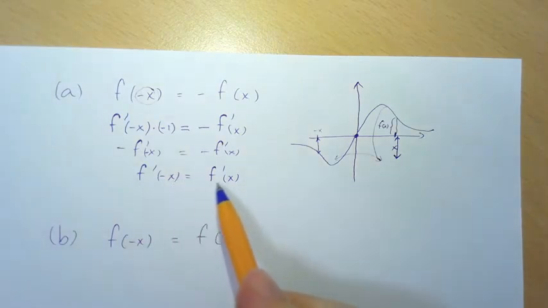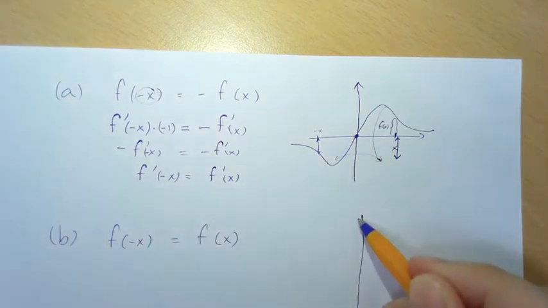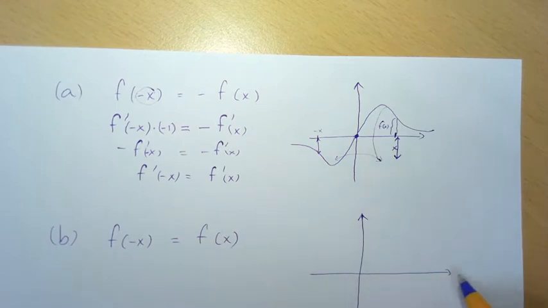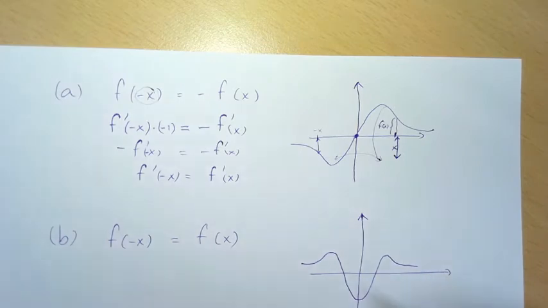What does it mean when a function is even? A function is even when it is symmetrical about the y-axis, maybe something like this. So if I pick a certain x, f of x is here. On the other side, at the value negative x, f of negative x is here. So these two are equal.